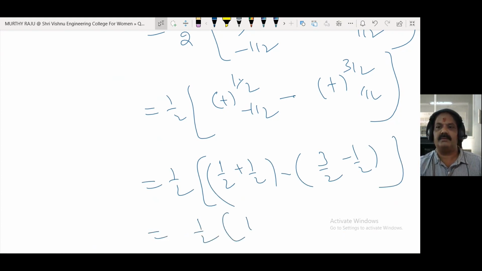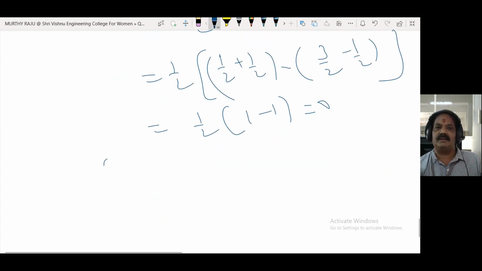That is 1 by 2, 1 minus 1 is 0. This is C naught is equal to A naught is equal to 0.